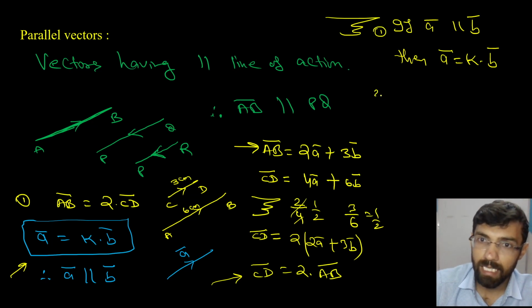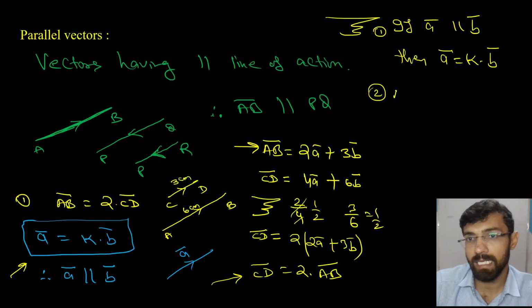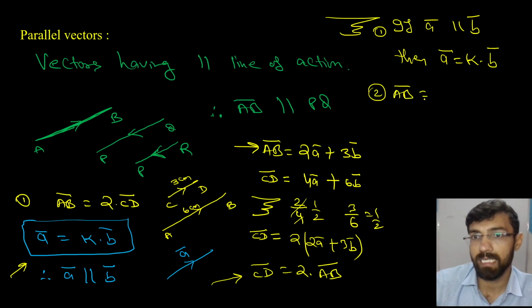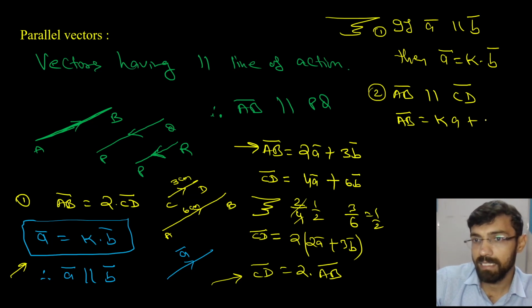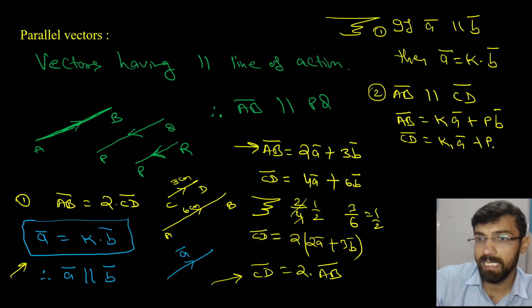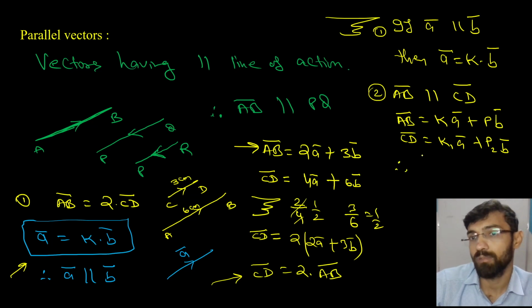And the second note point: if the AB vector is parallel to the CD vector, and if I give you the AB vector equals K A vector plus P B vector, and the CD vector is K1 A vector plus P2 B vector, suppose these are the coefficients, what will be the second note point?